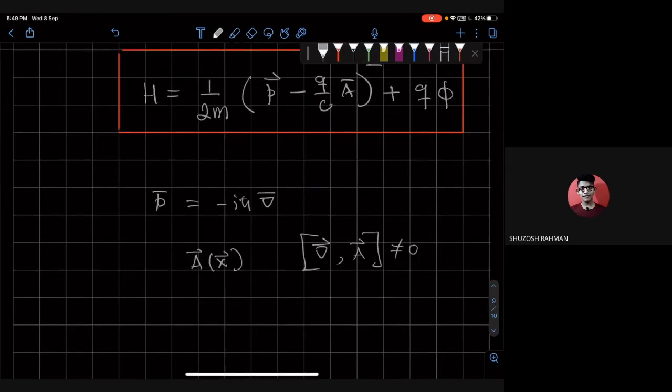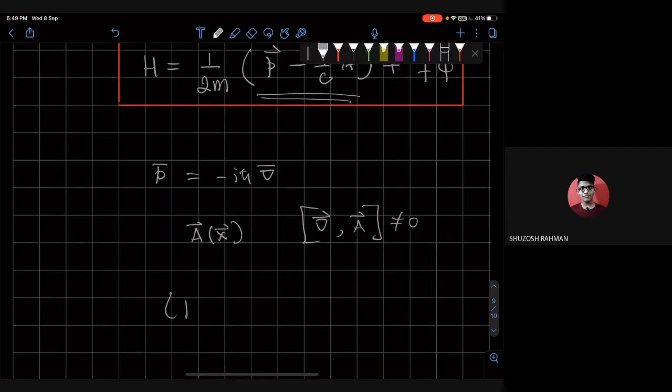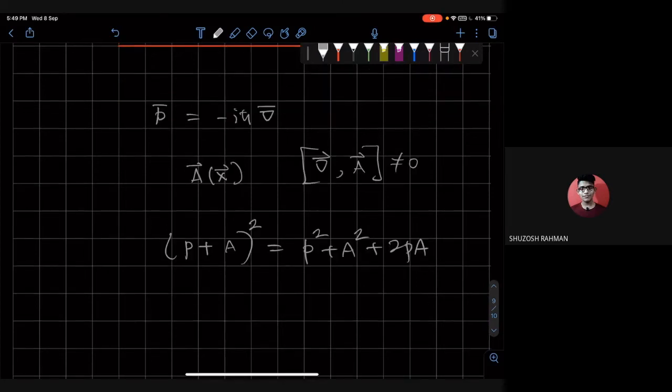So classically, when we have a quantity like P plus A squared, we can express this as P squared plus A squared plus 2PA, right? But quantum mechanically, because they can be operators, we have to interpret it in a more mindful way.